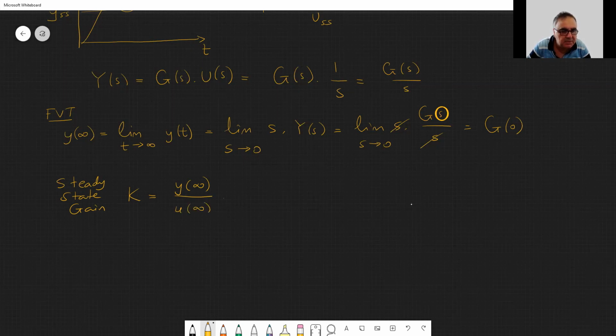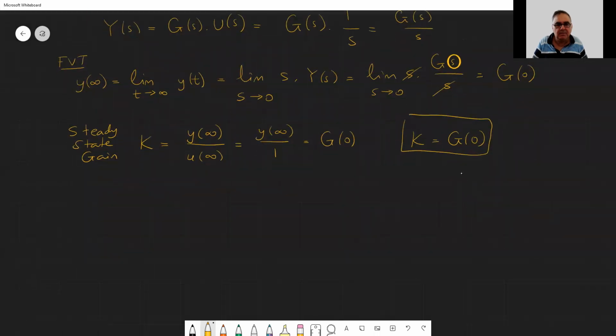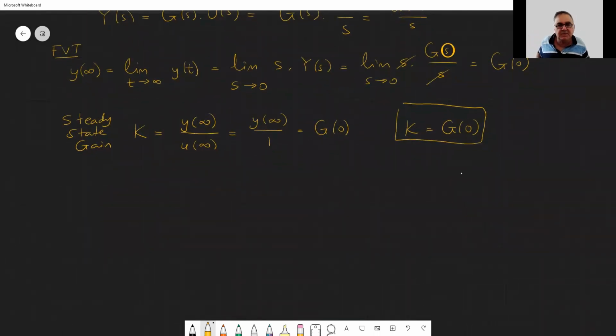But this is y at infinity divided by 1 because we have selected it to be 1, and this is equal to g of 0, provided that g of 0 is finite, of course. So the DC gain or the steady state gain, k equals g of 0, is a very simple formula for determining the system's steady state gain, which is a very important property of a system.